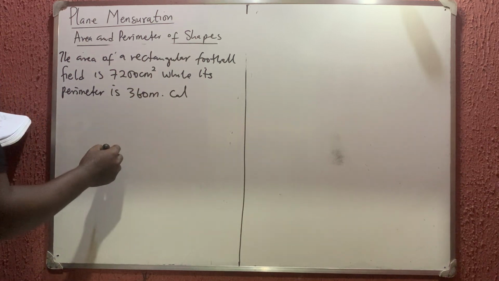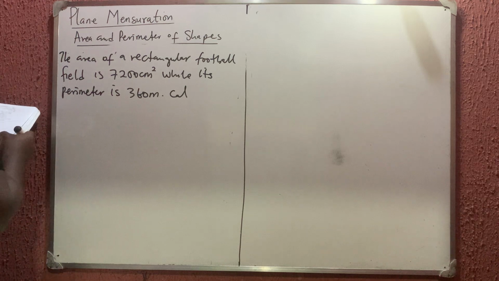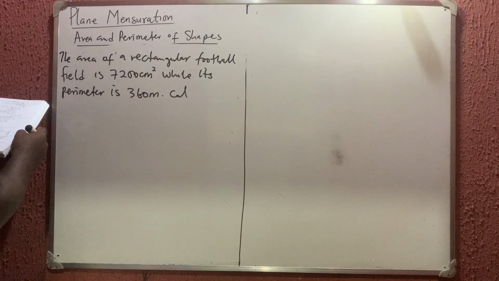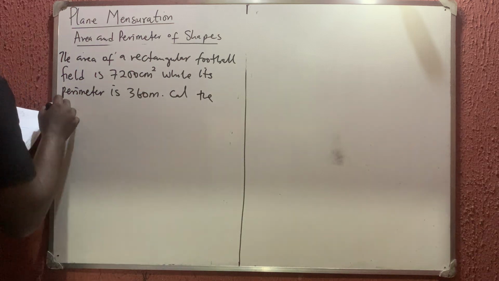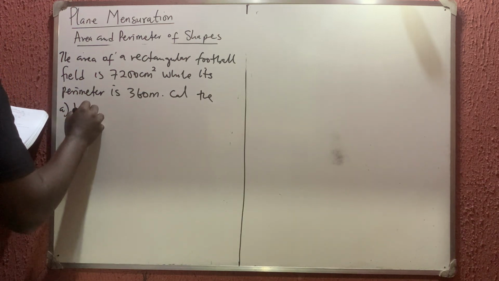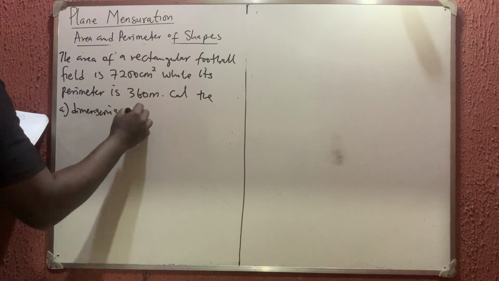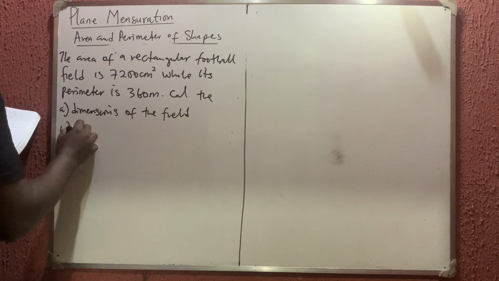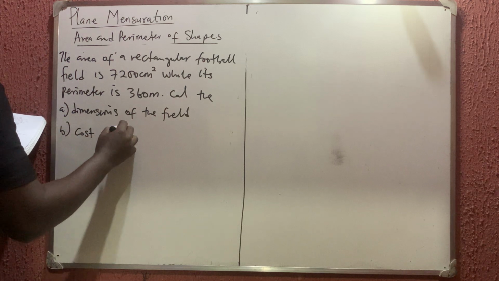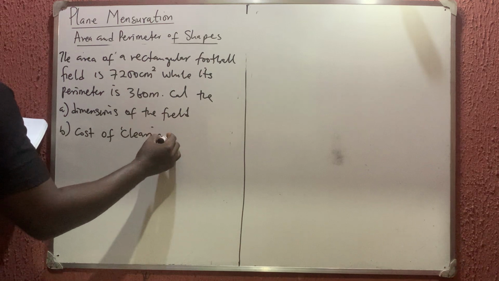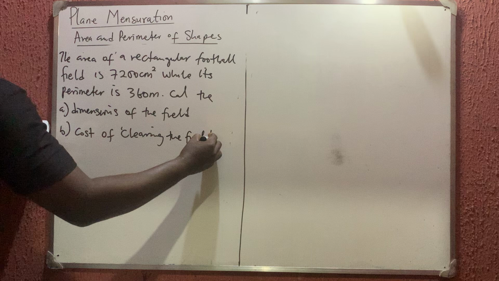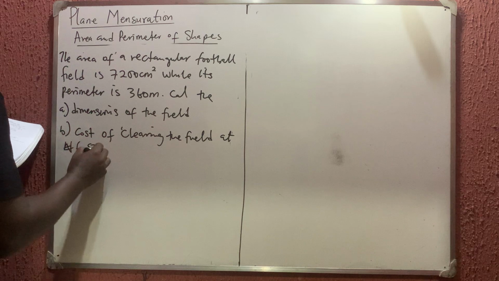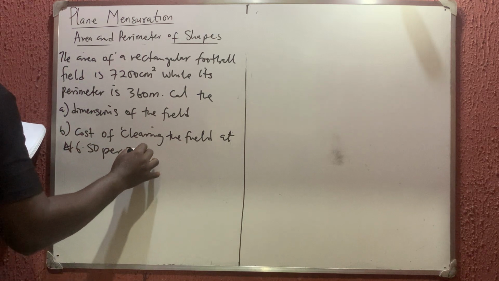Then we should calculate, A, the dimensions of the field. Then B, the cost of clearing the field at 6.50 per square meter.